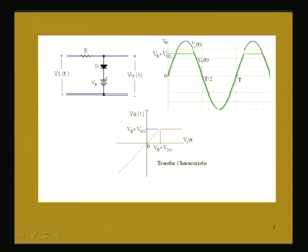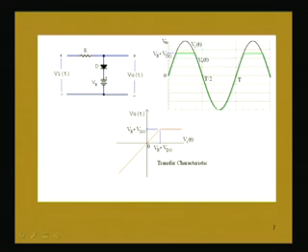Now, for this particular example, if we plot the transfer characteristic from the output waveform versus the input waveform, we see that till the point the input voltage is less than Vb plus Vd naught, output and input voltages are equal.